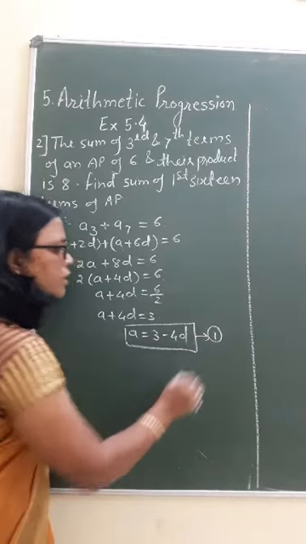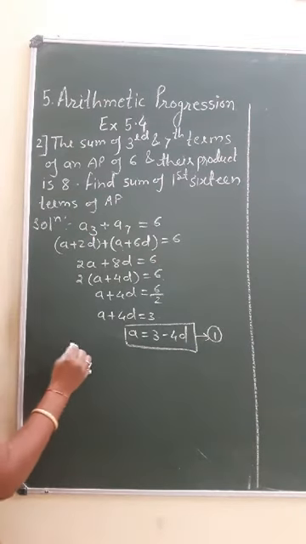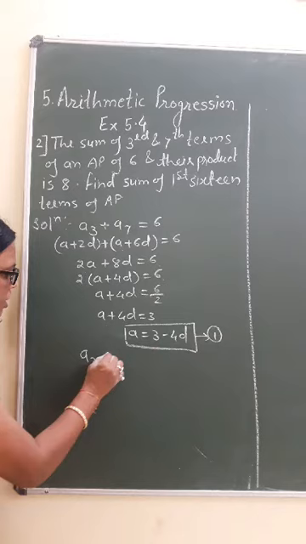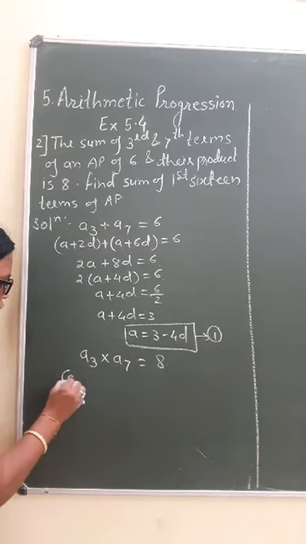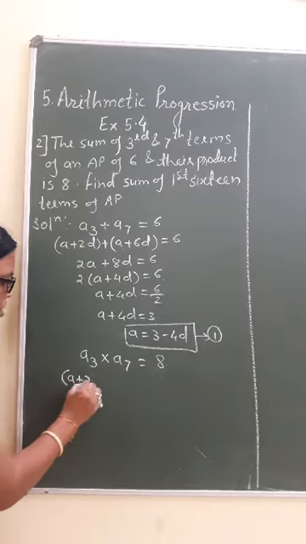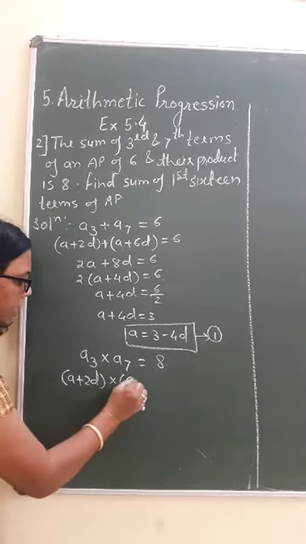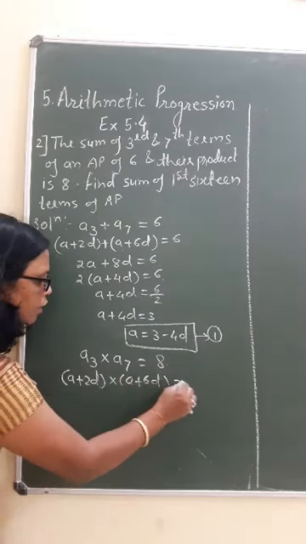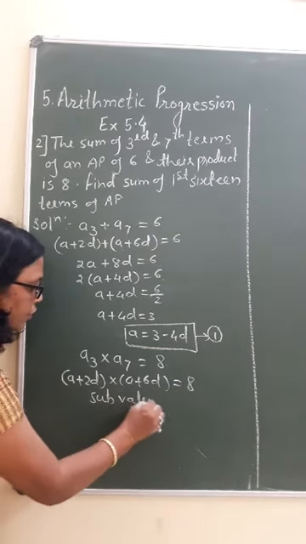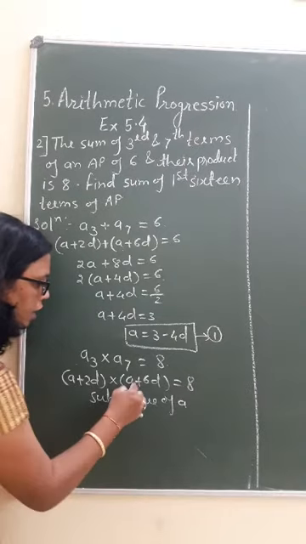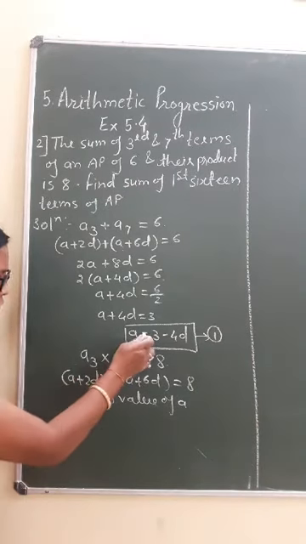Now see here, the second condition is there. Their product, a3 into a7, is equal to 8. What is again the formula for a3? a plus 2d into a plus 6d is equal to 8. Substitute the value of a here. So what is the value of a?